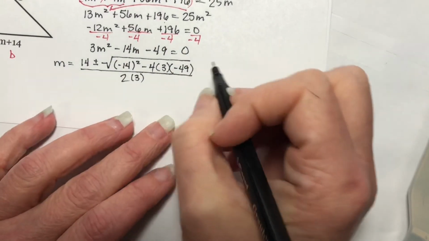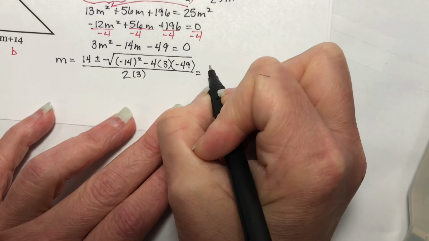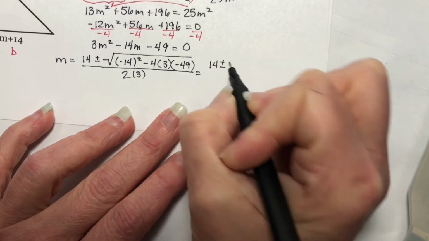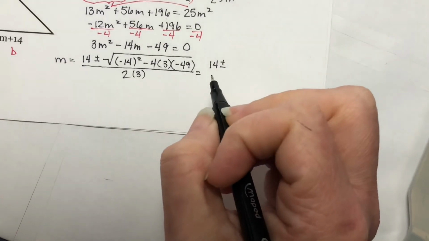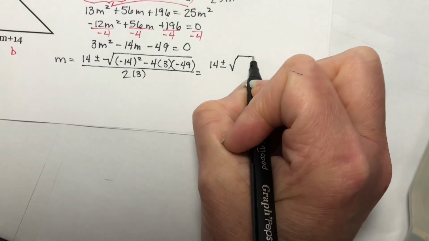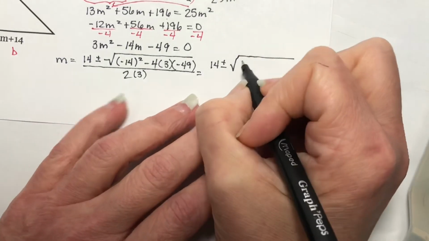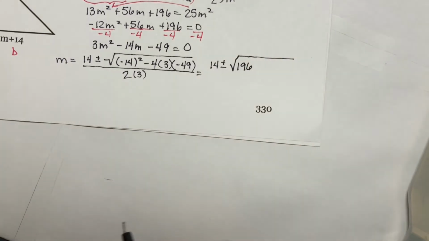Okay, so inside I have 14 plus or minus the square root of -14 squared, which is 196.